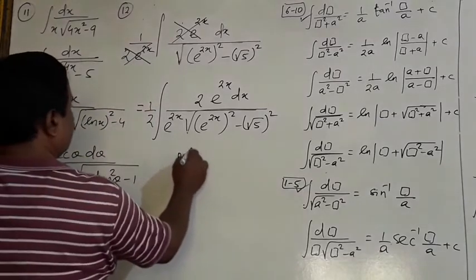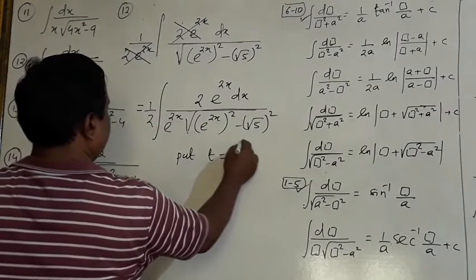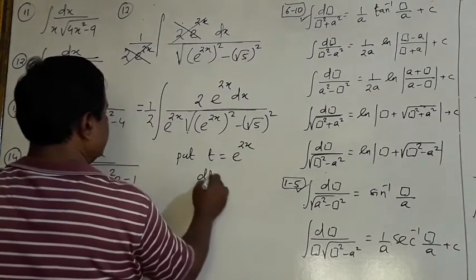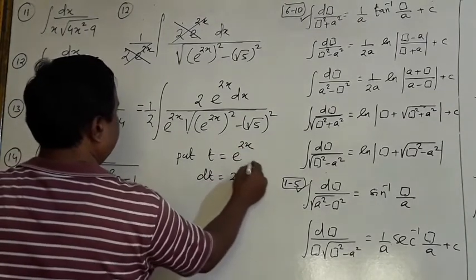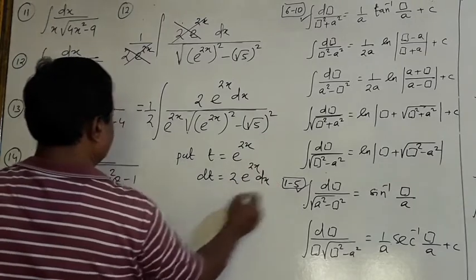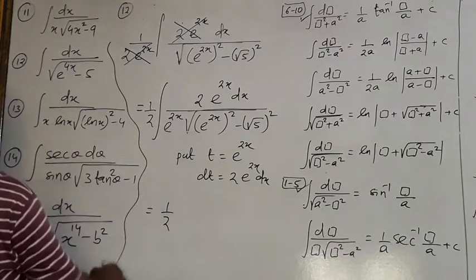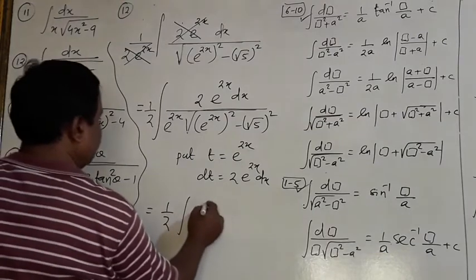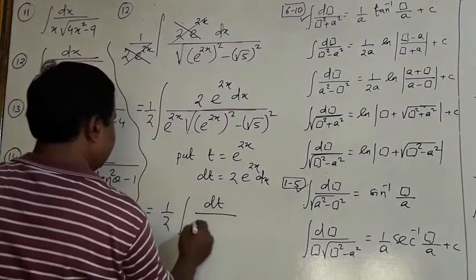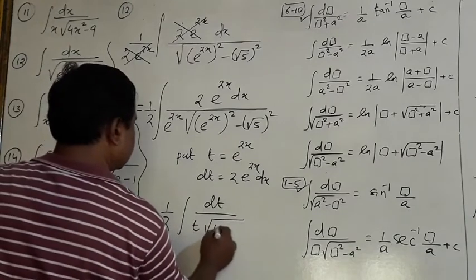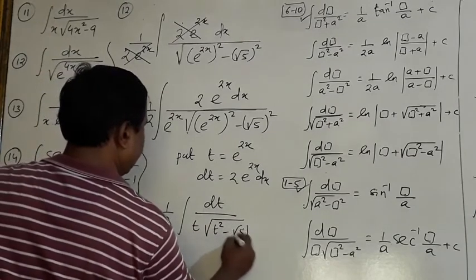So put t equal to e to the power 2x, dt is 2e to the power 2x dx, and it becomes 1 by 2, dt by t root over of t square minus root 5 square.